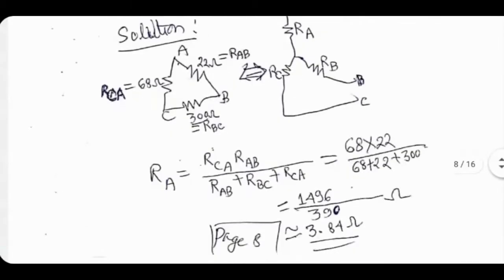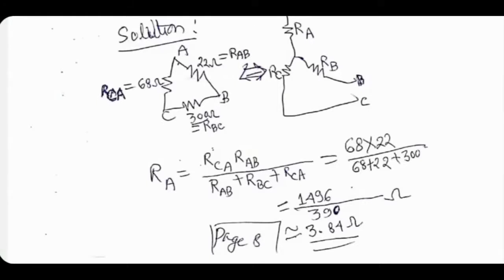In fact, I have done that here. RA is supposed to be RCA, RAB divided by RAB plus RBC plus RCA. So plug in the values. RCA is 68 ohm, RAB is 22 ohm, divided by the summation of the 3 resistors. We get 3.84 ohm.